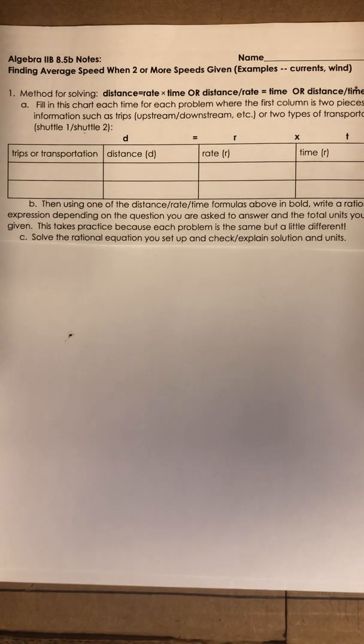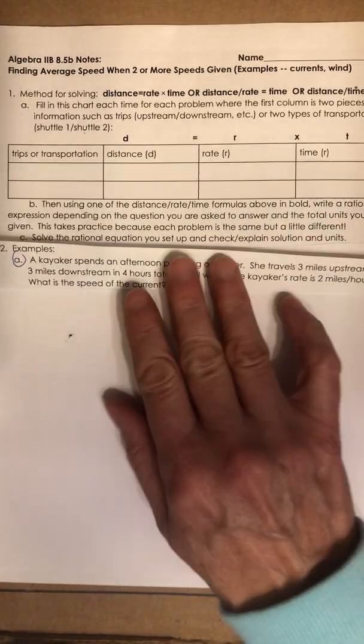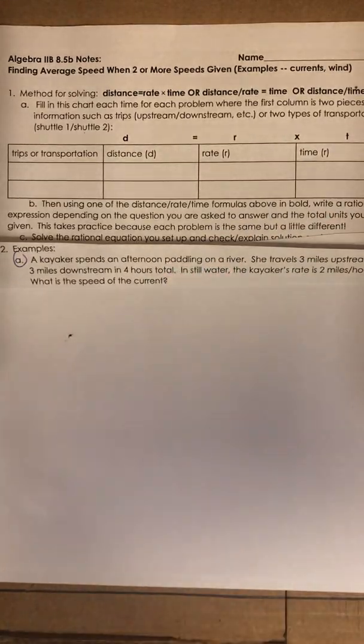The first problem is an example that we work on, and it is a kayaker spends an afternoon paddling on the river. She travels 3 miles upstream and 3 miles downstream in 4 hours total. Notice it doesn't say how long it takes her upstream and downstream.